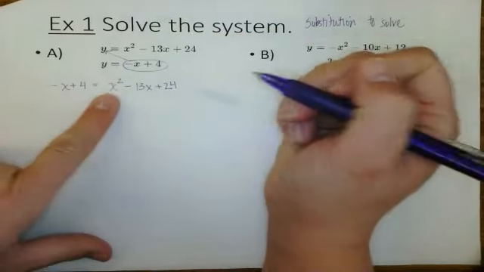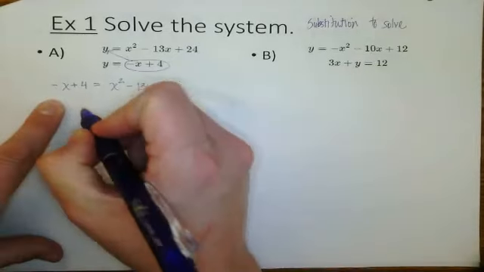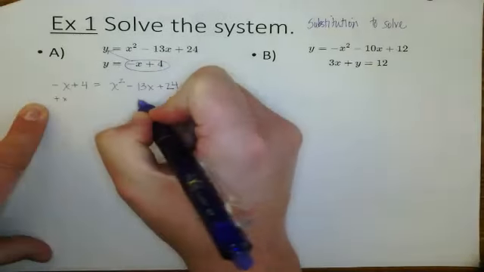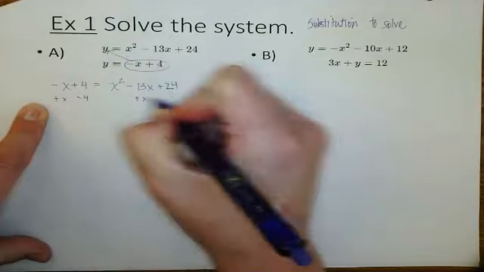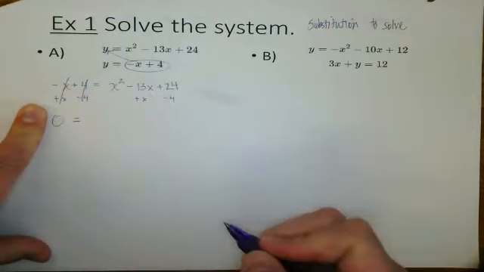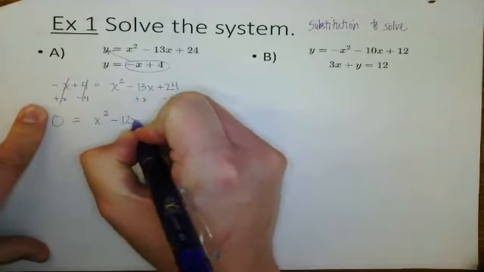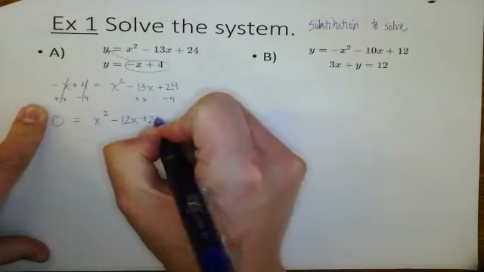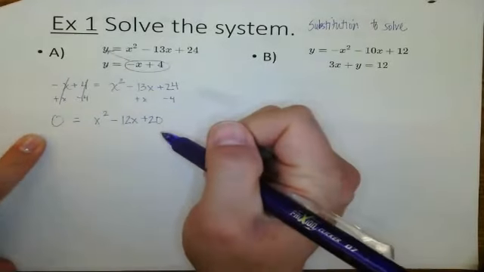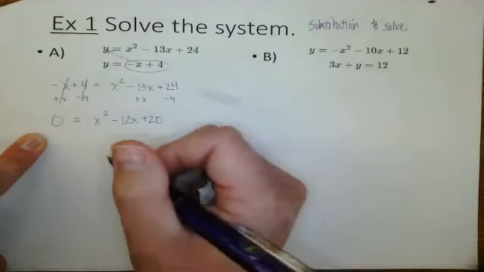All right. And so then, now you'll see we have this quadratic equation. So we need to set this equal to 0. So I'm going to add x and subtract 4 so that these disappear from the left-hand side and become set equal to 0. So we have x squared minus 12x and then plus 20. And let's see, then we can double bubble, factor and solve.